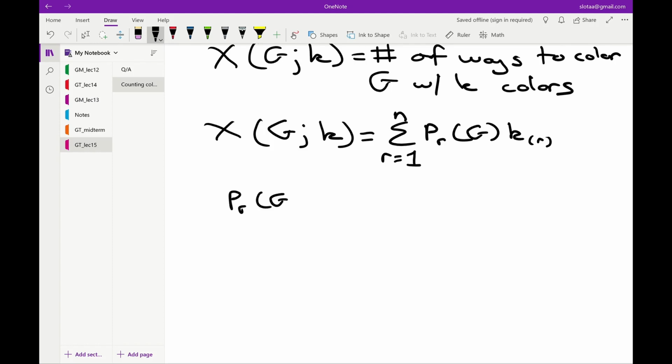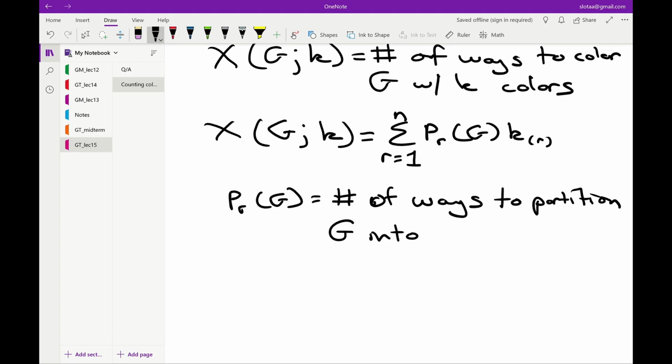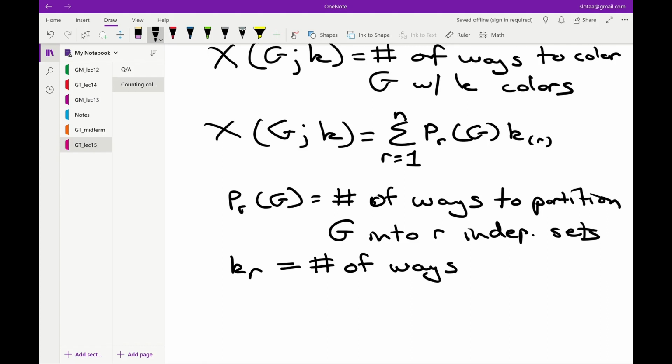Our p sub r of G, consider this as the number of ways to partition G into r independent sets. And our k sub r is equal to the number of ways to color the independent sets.